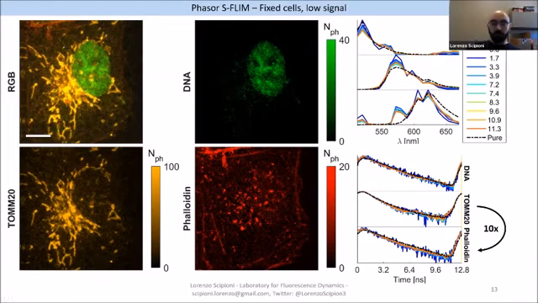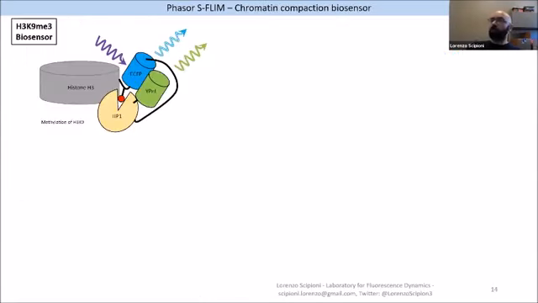So why do we care about photon-starved situation? So what we also did was looking at biosensors. So the problem of biosensors is that they're constructed like this one. This is a methylation biosensor. So you have a histone, HP1, which is responsible for the methylation of histone H3, and the FRET.